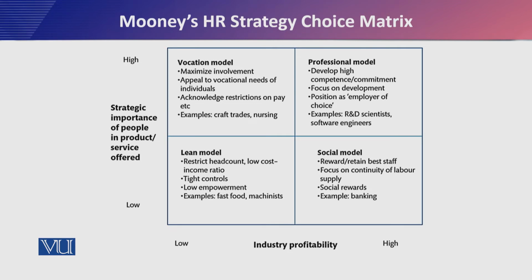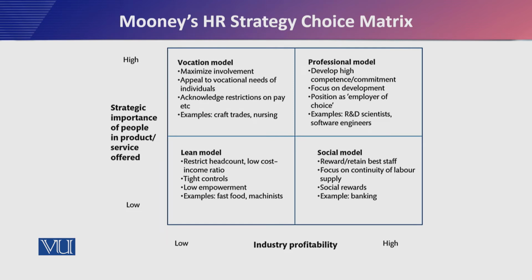So, strategic importance of people in product or services offered, high or low. And on the horizontal axis, you see the industry profitability, whether the overall industry profitability is low or high. So these two factors will influence your employment or HR strategy.